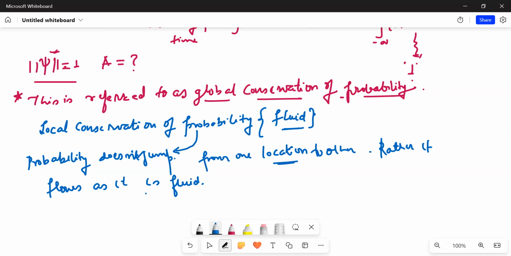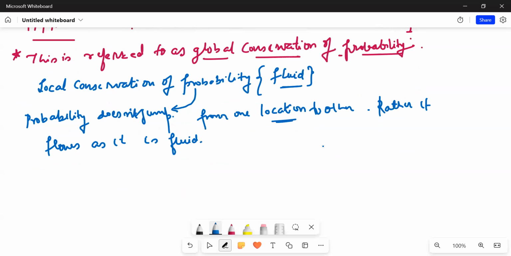In other words, with respect to fluid, you can think of a fluid velocity vector, or a velocity field.